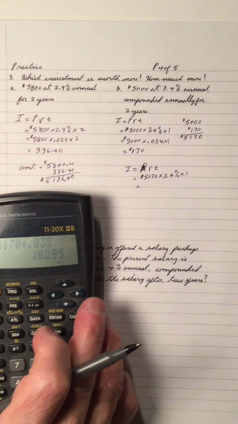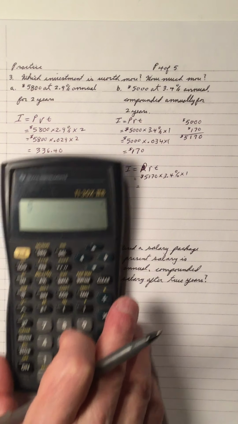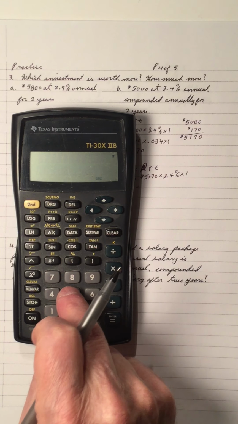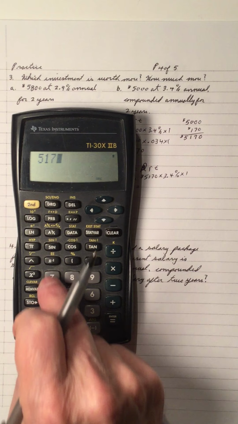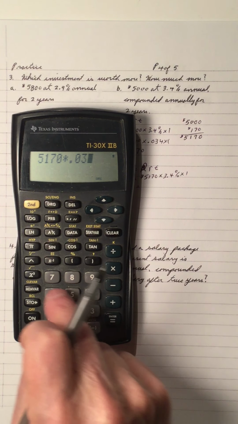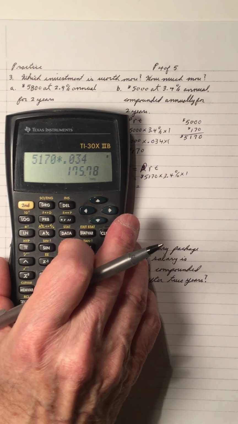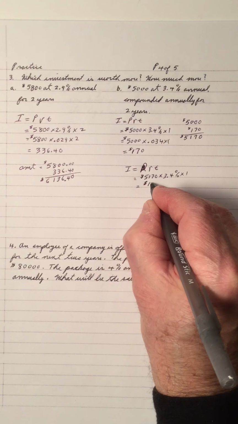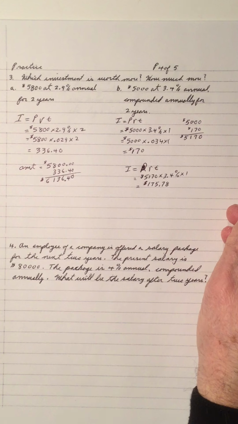Oh, sorry, I multiplied by, notice, $5,170 times decimal 0.34. I had a 5 there. So I get $175.78. So I get interest of $175.78.